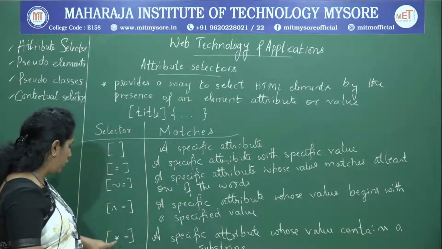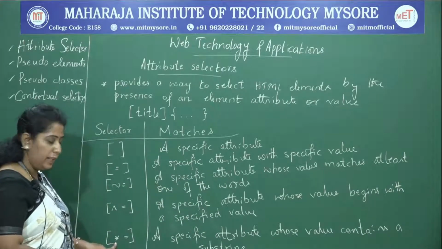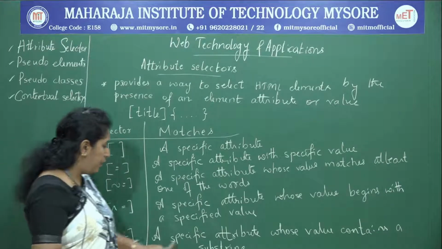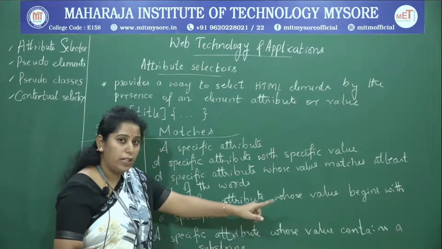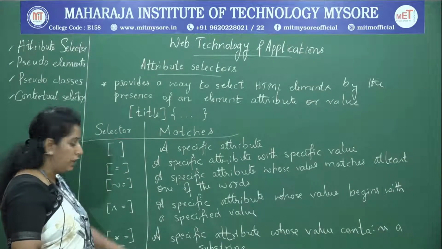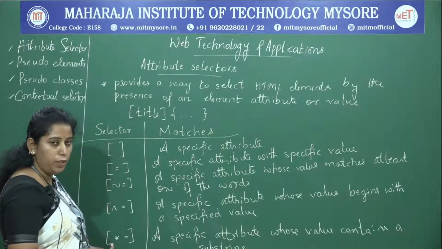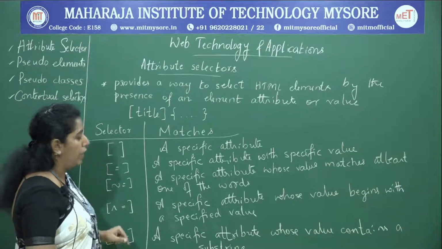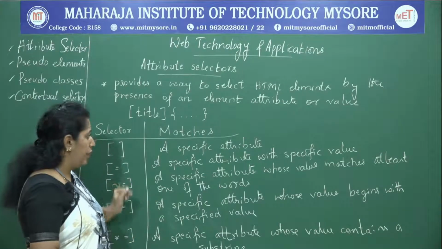Then only it matches. Next is the asterisk along with assignment. It matches a specific attribute whose value contains a substring. So based on the substring, it is going to match. This is how an attribute selector works.